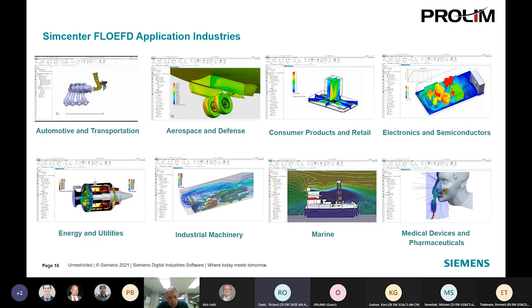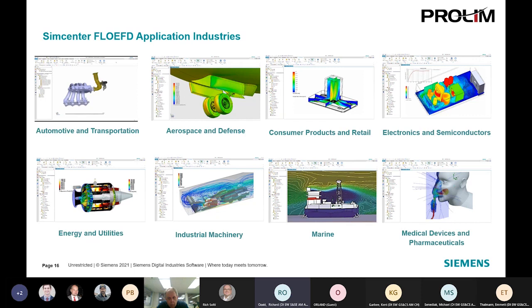Electronics and semiconductors is a big one for us at Siemens, when you're designing PC boards, components on those boards, and then heat sinks, fans, and enclosures to ensure that the electronics are going to be cool and operating reliably, and getting adequate airflow.